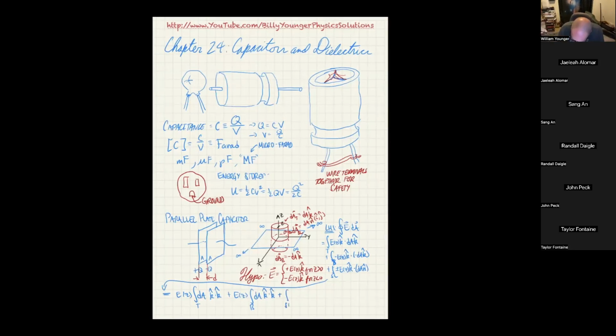So I have the integral over the soup label of plus or minus E of z dA, but then I have a k hat dotted with an n hat that only depends on i and j, meaning it's like some number times i hat plus some number times j hat. So clearly, if you take the dot product of those two, you're going to get 0. Whereas you take the dot product of these, you're going to get 1 and 1. So ultimately, the result is 2E of z times A.